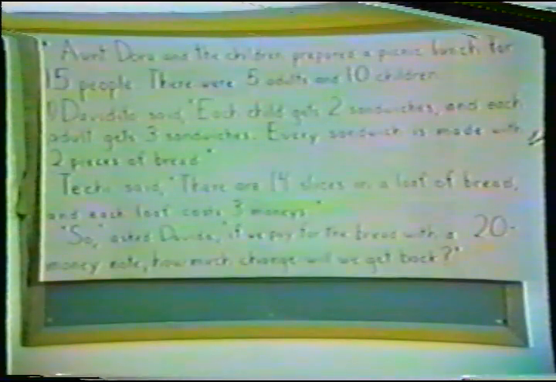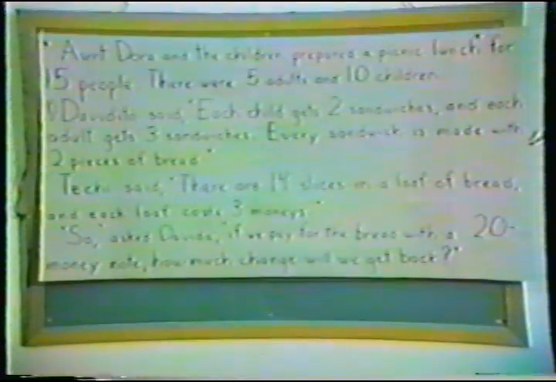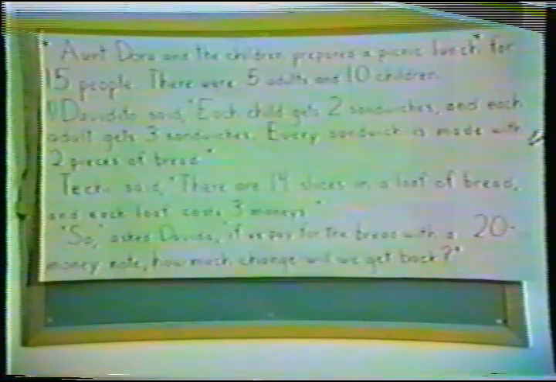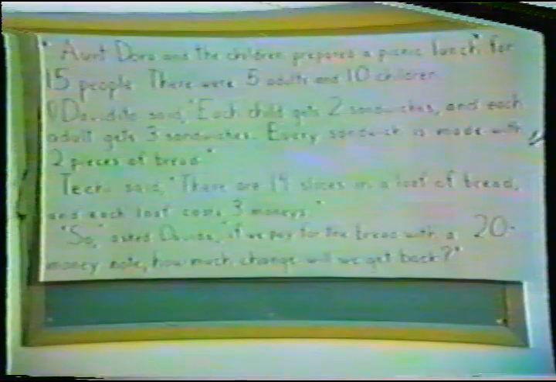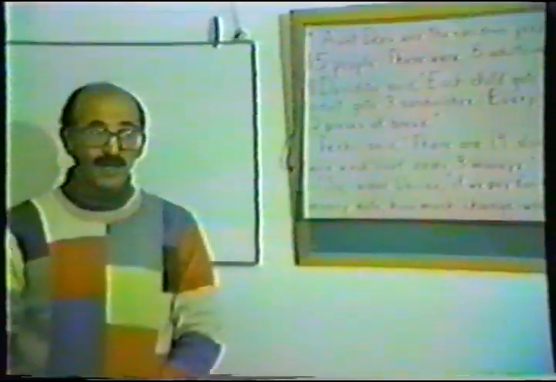Every sandwich is made with 2 pieces of bread. Teshi said, there are 14 slices in a loaf of bread, and each loaf costs 3 monies. So, asked Davida, if we pay for the bread with a 20-money note, how much change will we get back?